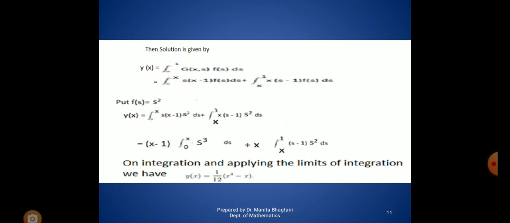We get y(x) equals (x minus 1) times the integral from 0 to x of s³ ds plus x times the integral from x to 1 of (s minus 1) s² ds. On integration, applying the limits of integration, we have y(x) equals 1/12 (x⁴ minus x). Thank you.